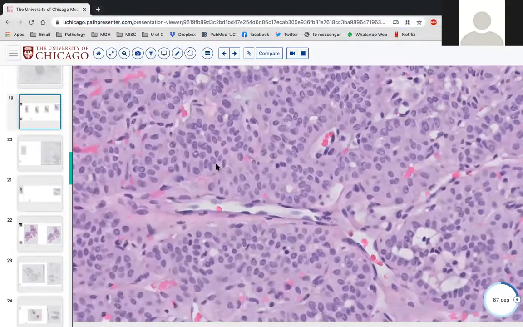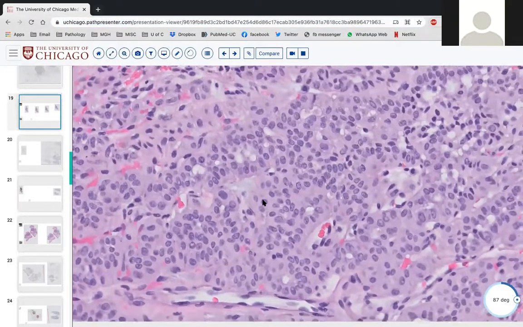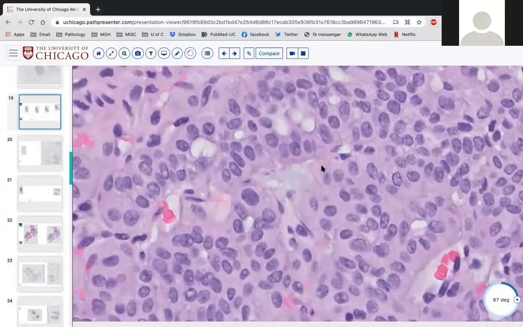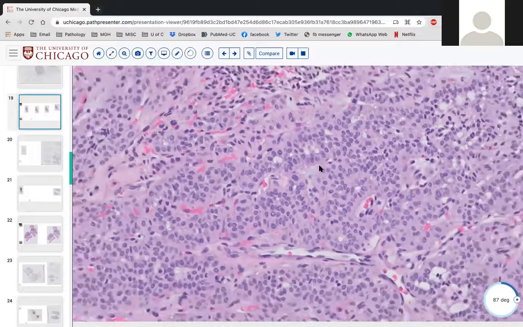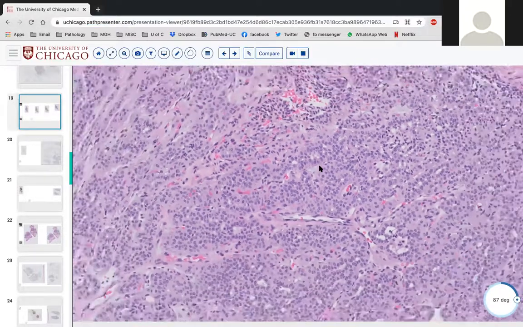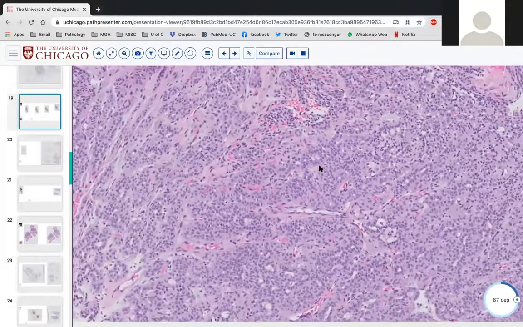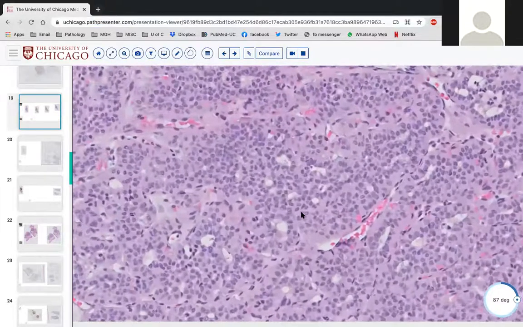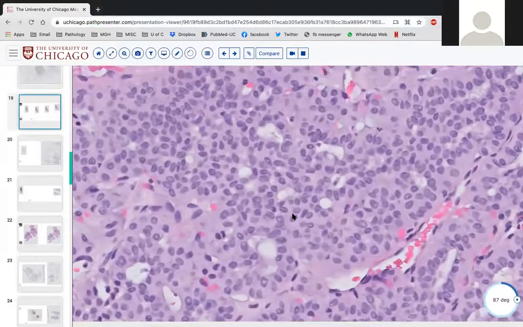Okay. Then in the differential of that subcategory, you have intraductal carcinoma, acinic cell, and secretory carcinoma. But I don't think I was able to just outright say what the diagnosis is.